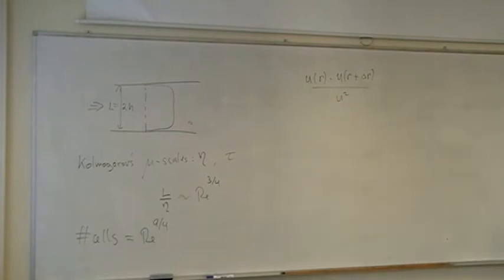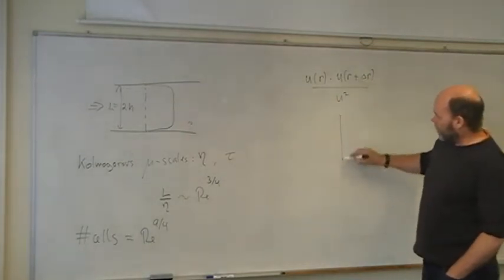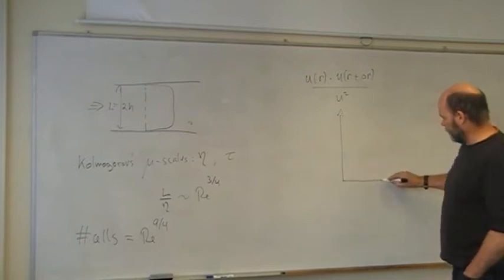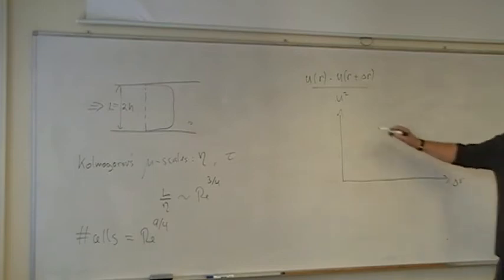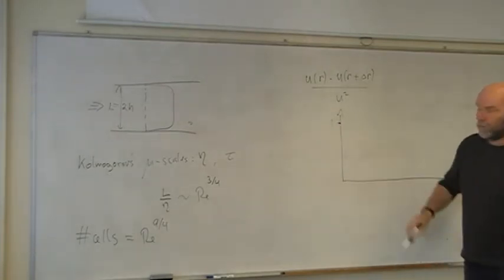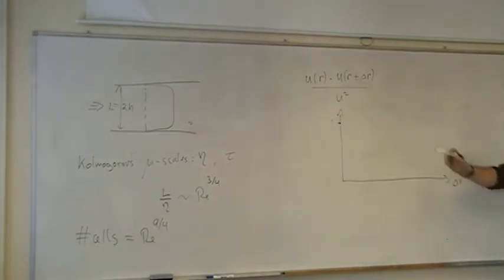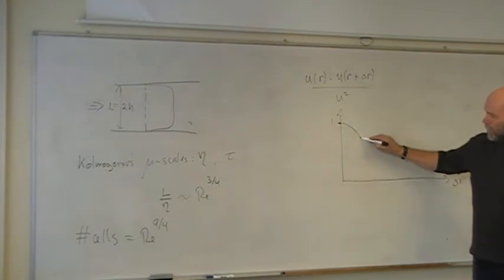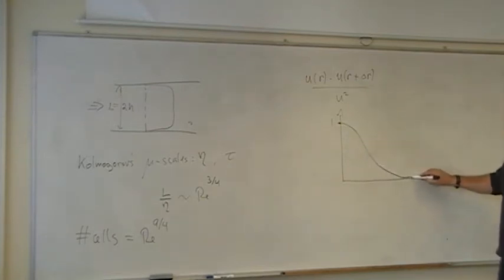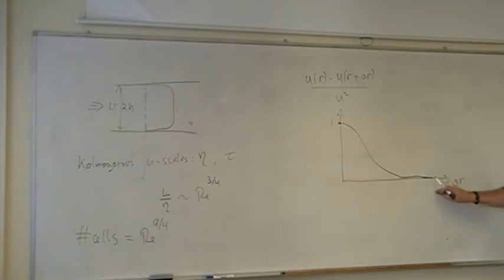And such a function, it will typically go something like this. You always start with 1. Then you are in the same point. So then, of course, per definition, this will be 1. And in the streamwise direction, it will here go something like this, and finally go all the way down to 0. So you have to go pretty far before you find, now they are not talking to each other anymore.